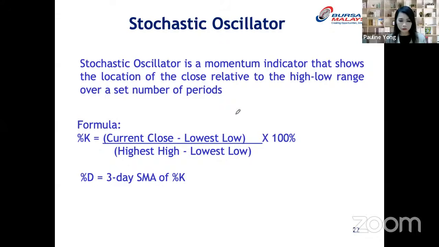For stochastic, you are looking at the default past 14 days: the current close minus the lowest close of the past 14 days, divided by the highest minus the lowest of the past 14 days. So you get this percentage K line. Then the percentage D line is the 3-day simple moving average of that percentage K line.